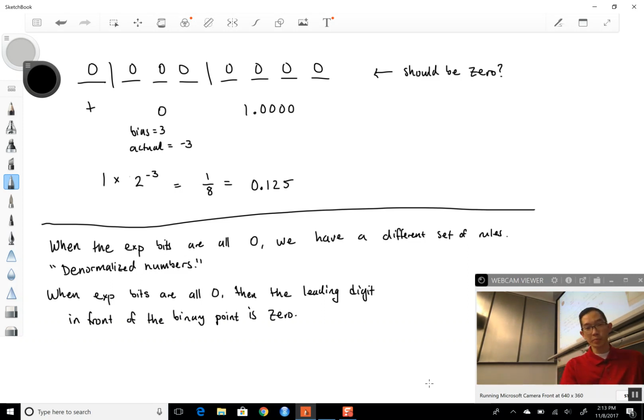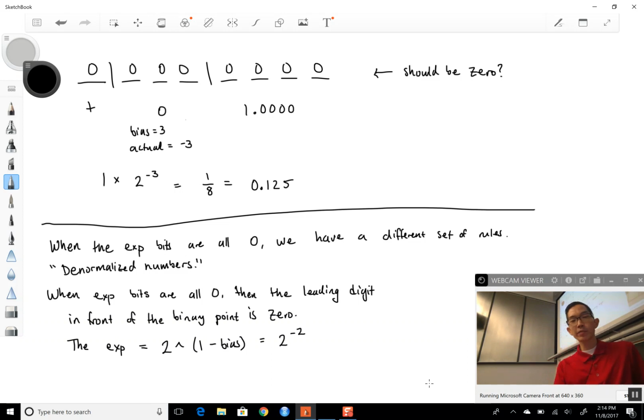And the exponent part here, the exponent is going to be equal to 2 raised to the 1 minus a bias. So our exponent is going to be 2 to the negative 2, right?